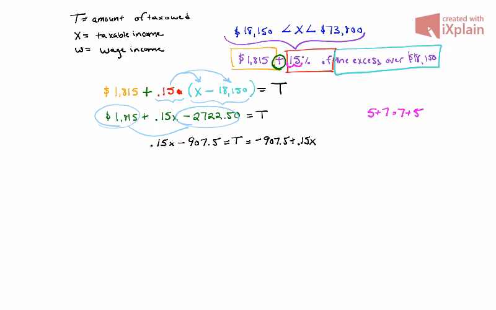So for example, I wouldn't want to say that this is ever going to be 907.5 minus 0.15 times X. I want that negative to stay with the negative 907.5. Okay? So here are two possible ways to present your final answer.